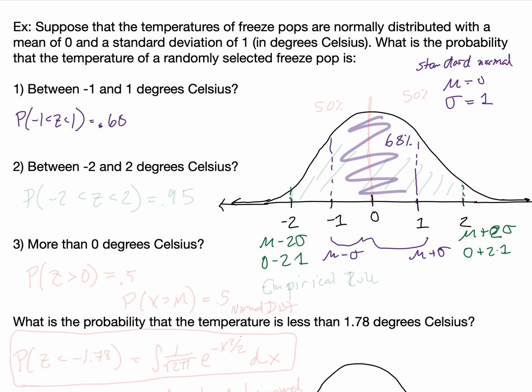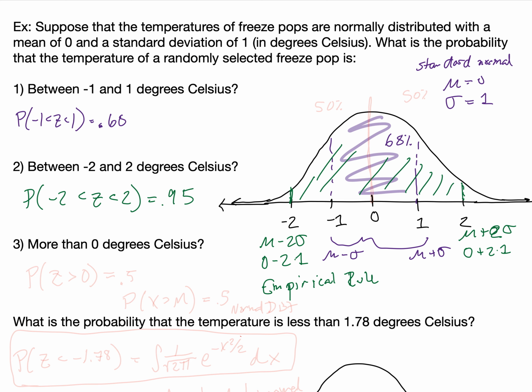Recall by the empirical rule that 95% of the data is within 2 standard deviations of the mean for normal distributions. So this is the empirical rule, which tells us the percentage of the data that falls within different numbers of standard deviations of the mean. And so the probability that -2 < z < +2 is 0.95.